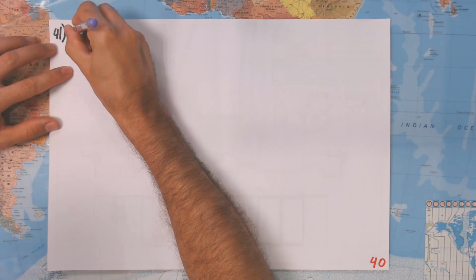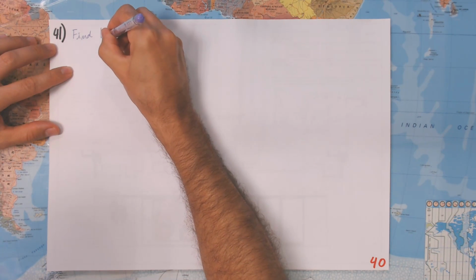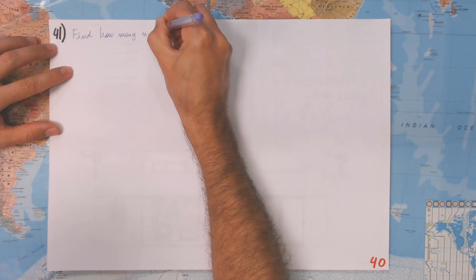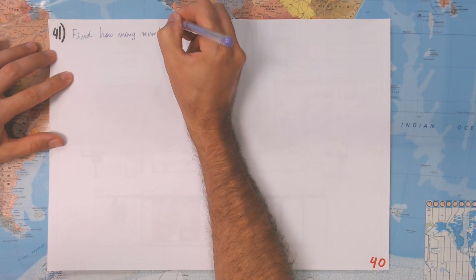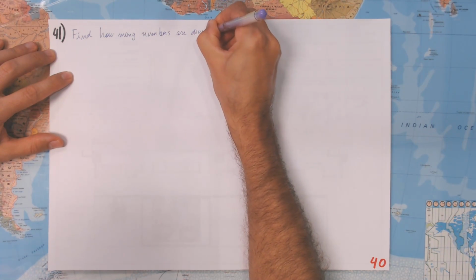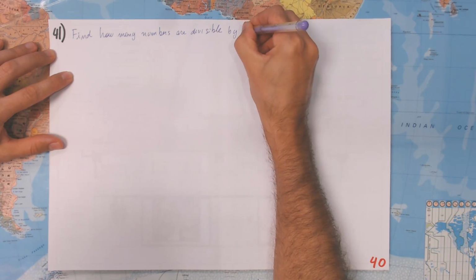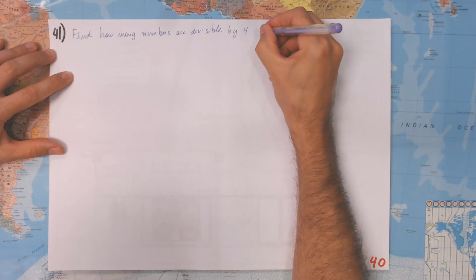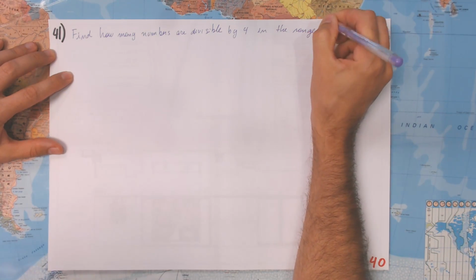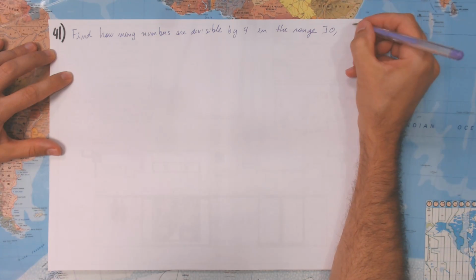Number 41. Find how many numbers are divisible by 4 in the range. Now pay attention to the range.